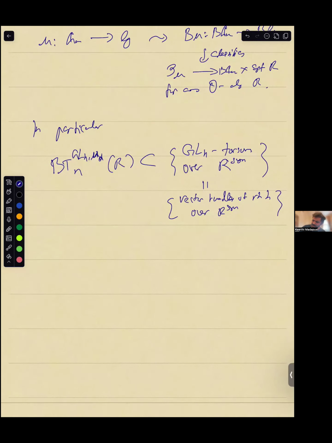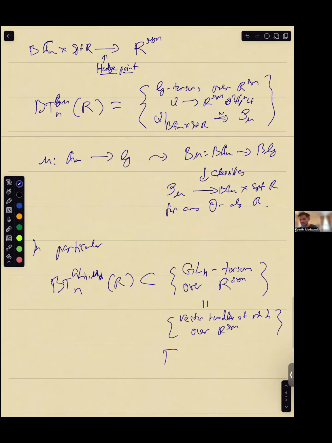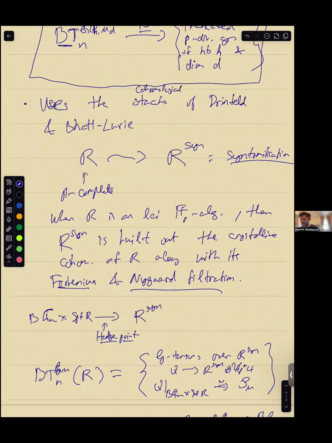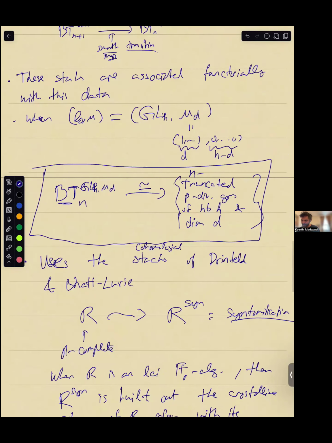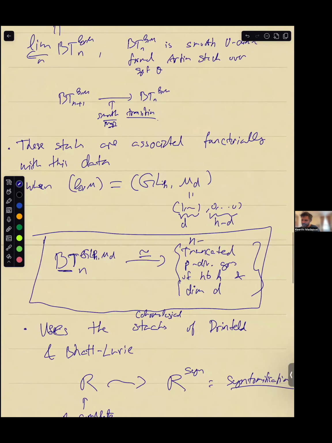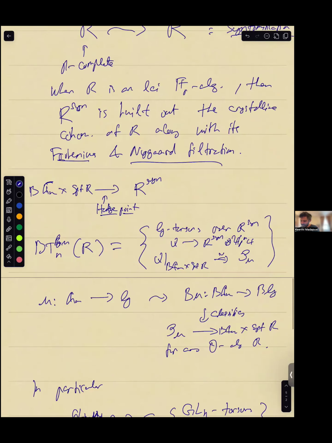By the way, there is some work along these lines by Bültel and Pappas using vector displays, but there are some technical restrictions.